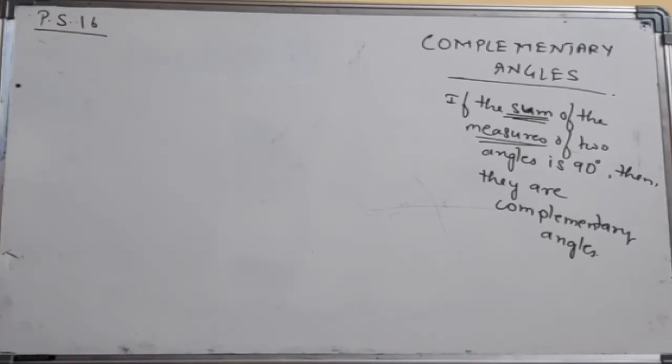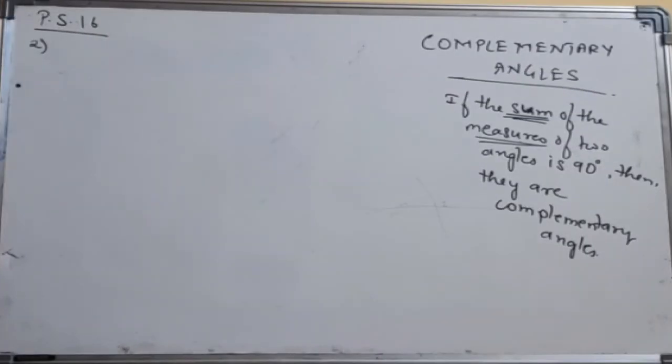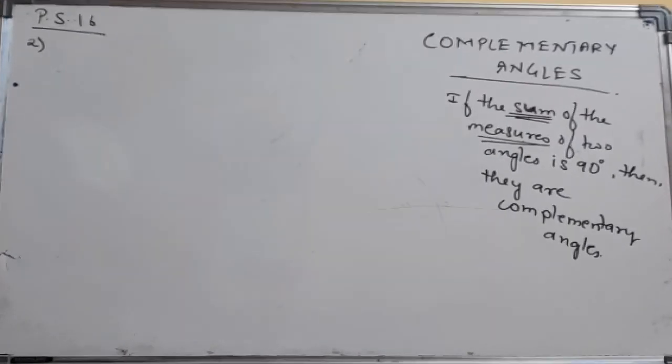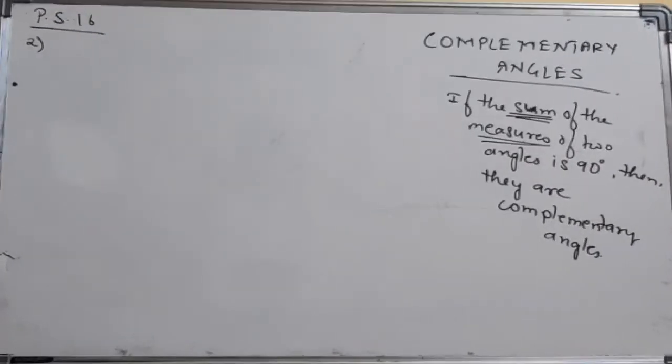Now students, let us solve question number 2 from your textbook. The question reads, y minus 20 and y plus 30 are measures of complementary angles. Find the measure of each angle.